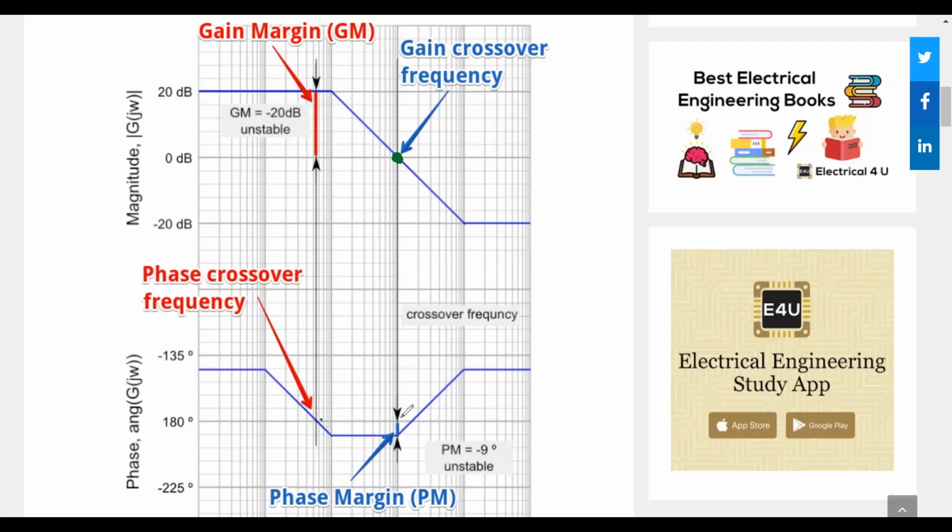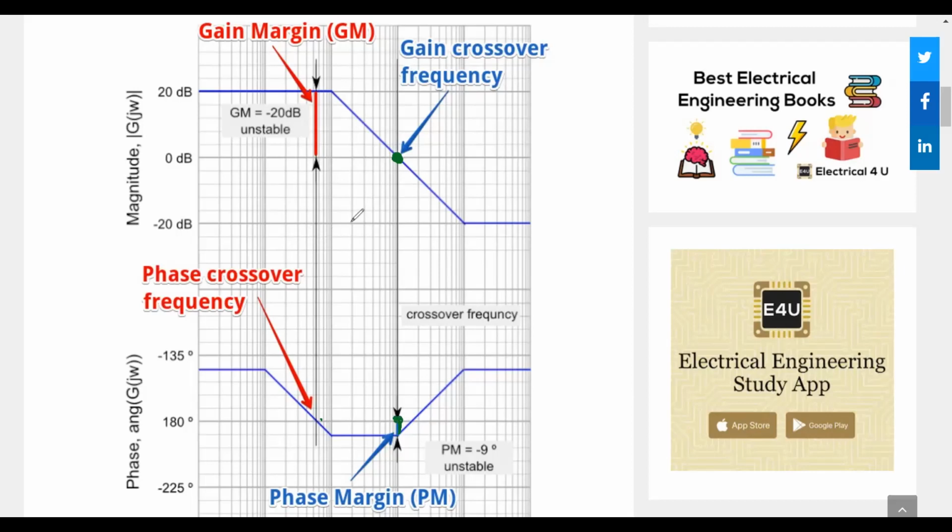If the phase of the system shifts up by, I don't know how much, 9 degrees up, then again, bad things will happen. We would have -1, 180 here, 0 here.